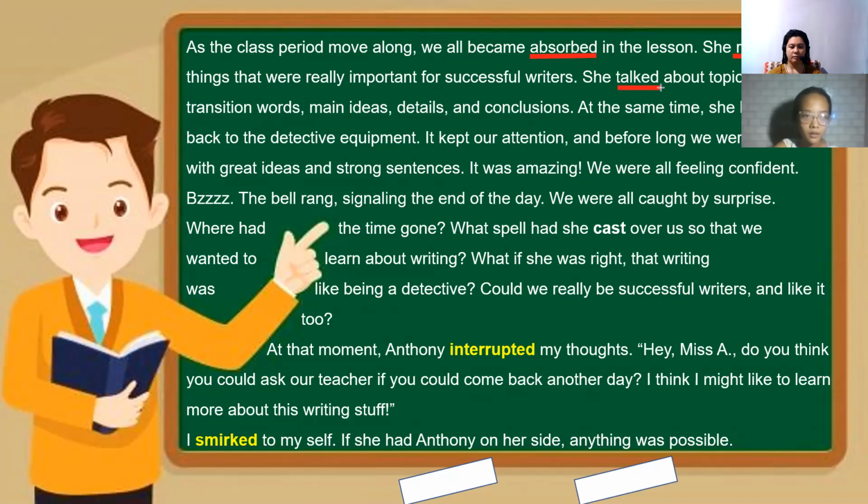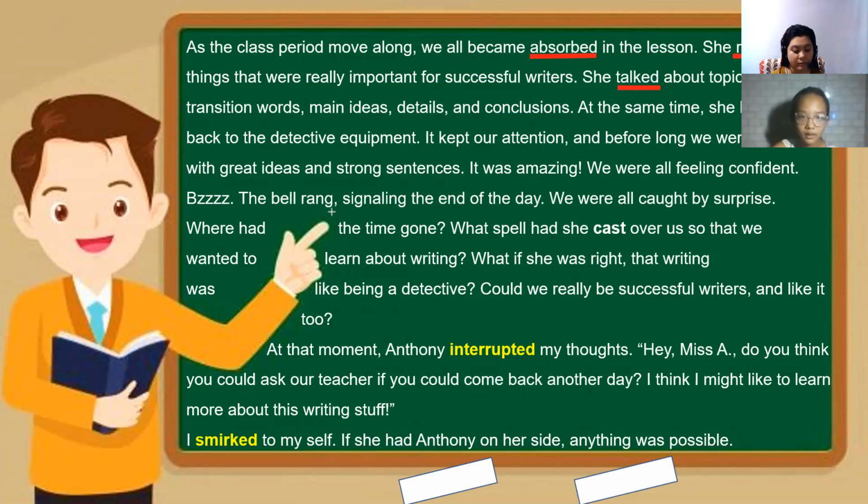The bell rang, signaling the end of the day. We were all caught by surprise. Where had the time gone? What spell that she cast over us so that we wanted to learn about writing? What if she was right that writing was like being a detective?